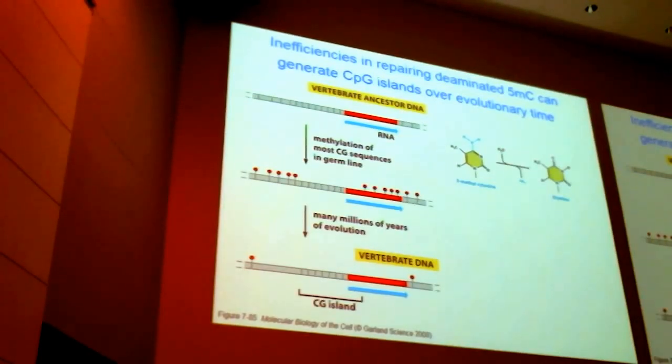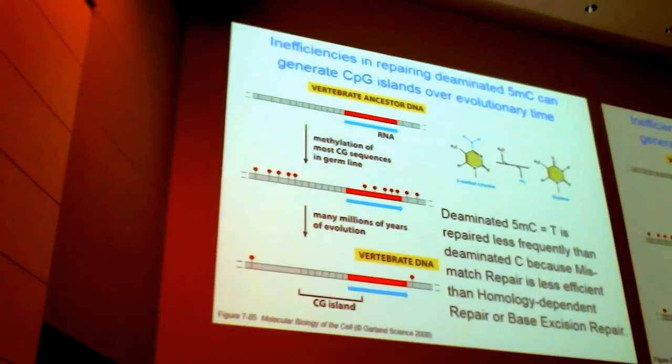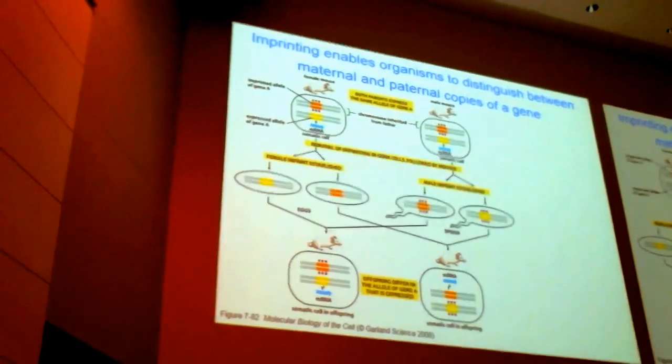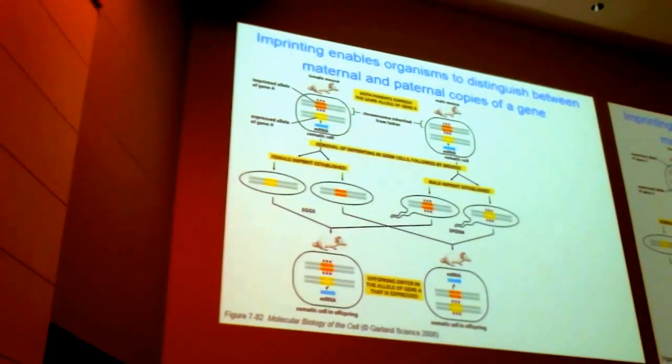You have the deamination reaction, which leads to T, and the crux of the reason is that mismatch repair is less efficient than homology-based or base excision repair. Is this clear for everyone? Any questions on this so far? Okay, good. I hope you understood that clearly. It might be important from the exam point of view.